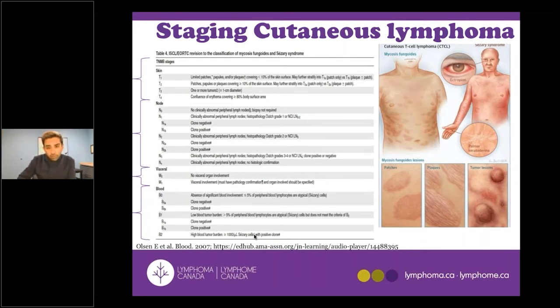And once that is sorted, we then also look for lymph node involvement. In addition to the skin involvement, we also look for any organ involvement. We also look for blood involvement. So the staging of cutaneous T-cell lymphoma is slightly different than the one that we do for the nodal or the extranodal groups.